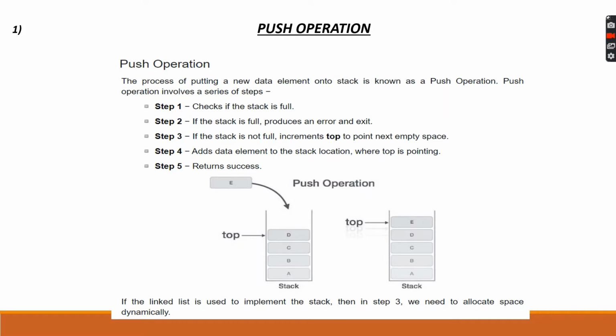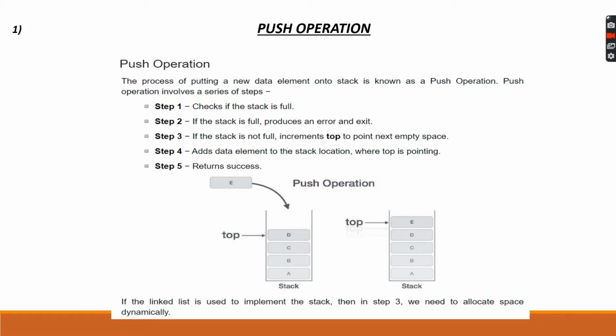This is a pictorial representation of how the push operation is done. Firstly we can see the top is pointing to D. As the stack is not full, we increment the value of top, and as the space above D is empty, we can add E to the stack and then return success.